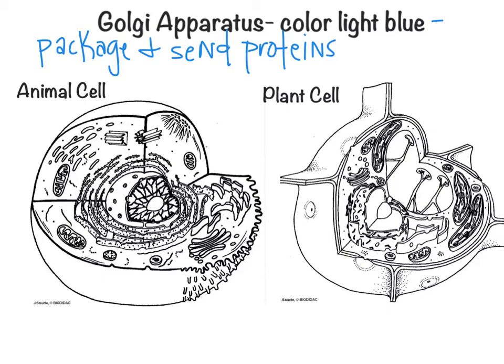You're going to color this light blue, and it is just this. If you've only got one blue, just lightly shade. It's this guy on our animal cell, and this guy on our plant cell. So those are our Golgi apparatus. It just packages and sends off proteins.